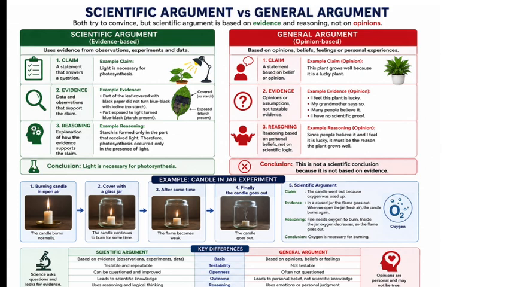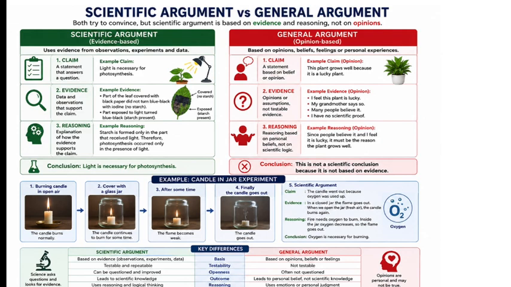Okay, so in a general argument, we make a statement like "lucky plants grow taller," and we convince people that this plant is taller because it's lucky, and we show some other plant and say it's not taller because it's not lucky. Coming to evidence, we say that many people said this is a lucky plant, that's why it's taller. Such evidence we give.